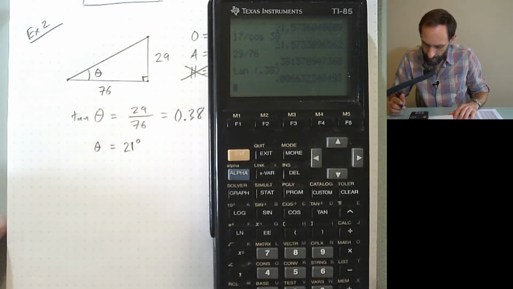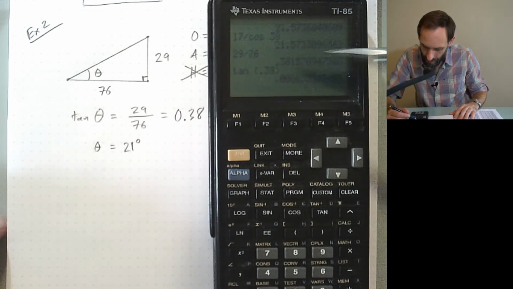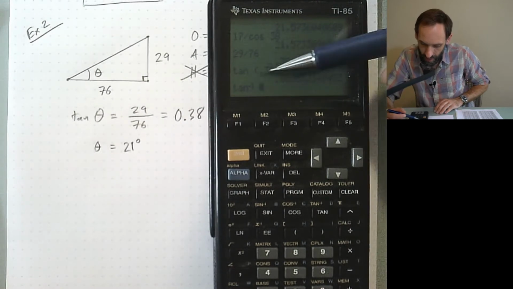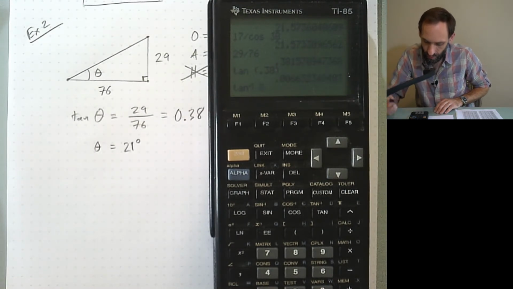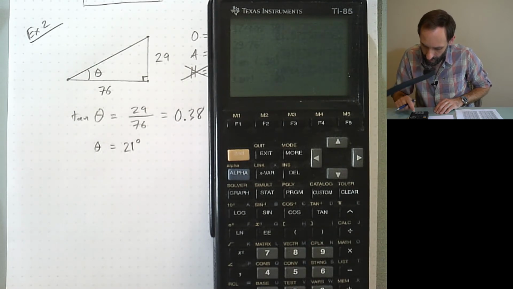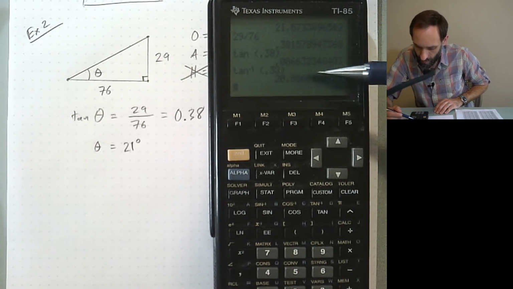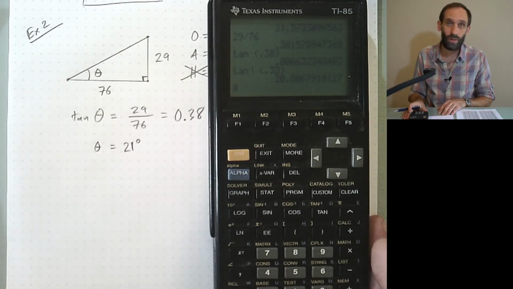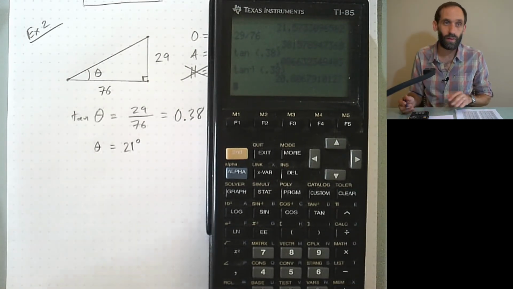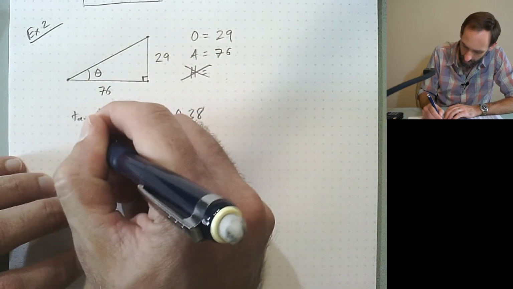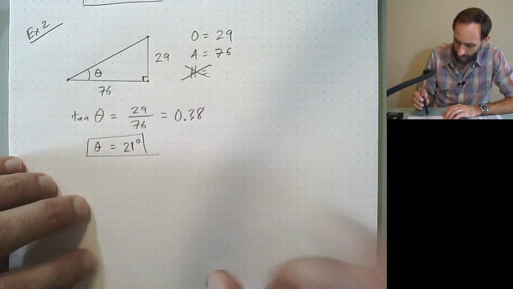So in the calculator, instead of finding the tangent of 0.38, I'm going to go ahead and find the inverse tangent, or tangent to the -1 of 0.38. Hit enter, and you see 20.8. If I round that to the nearest degree, it is in fact 21 degrees. So I can use the calculator as well as my table to calculate that degree measure. So that's the final answer.